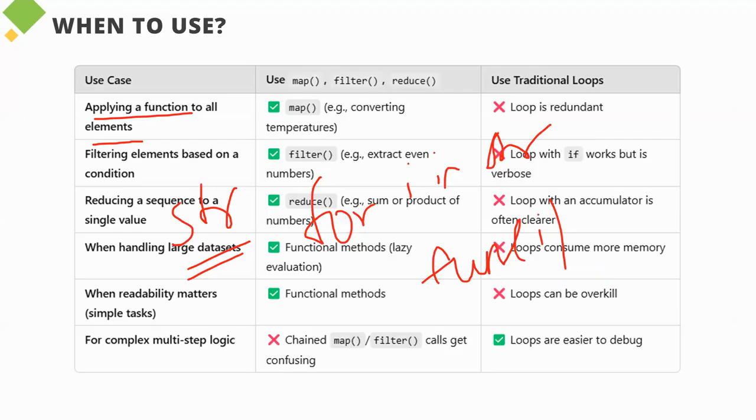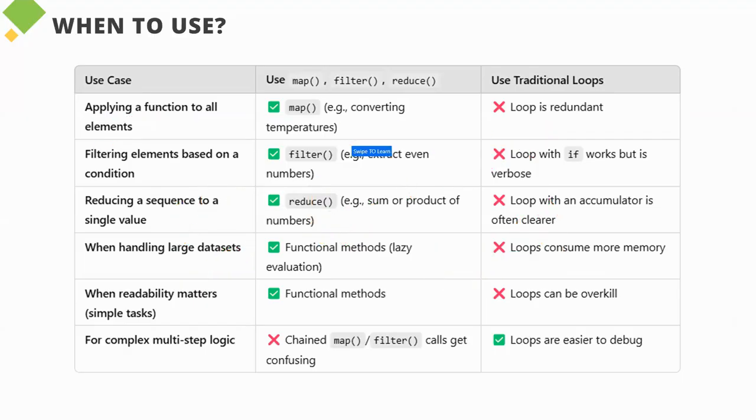The example here is converting temperatures. For filtering elements, as I told earlier, instead of looping with an if and checking the condition, we can just go with the filter function. For reduce, to find the sum of a series or the product of numbers, instead of looping with an accumulator, we can use the reduce function.